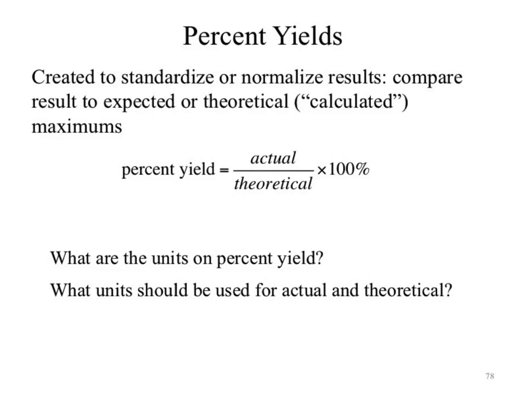It should be a calculated amount for the amount of product, which means the actual yield is grams of product. The theoretical yield is grams of product. What are the units on percent yield? Percent. Just percent. Your grams of product cancel. This means the units for actual and theoretical yield need to be the same. Why? So that we can make a fair comparison between them to calculate a percent yield.